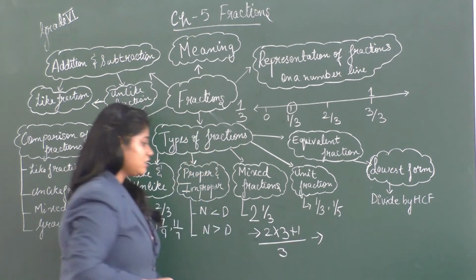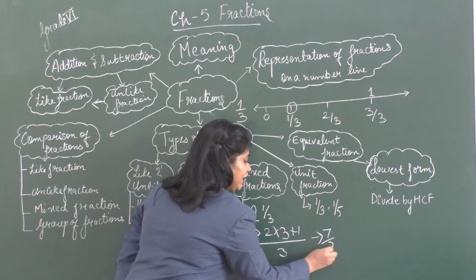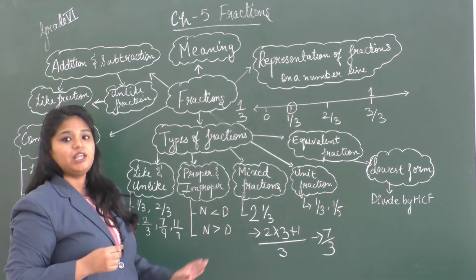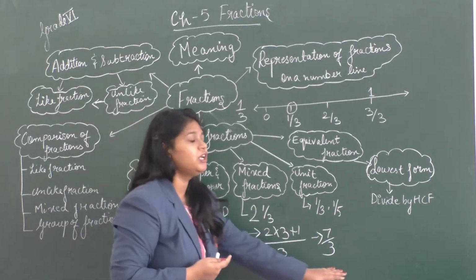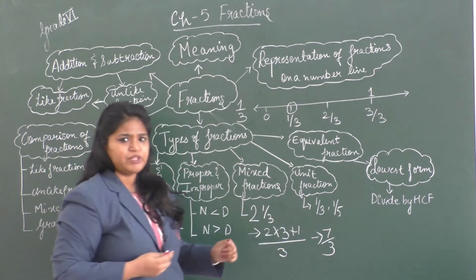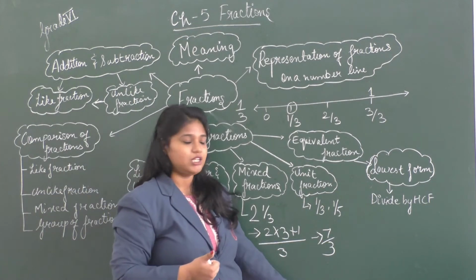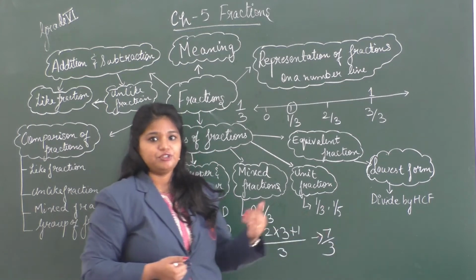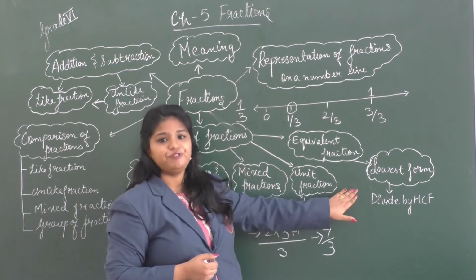So this becomes 2 3s are 6 plus 1, 7 divided by 3. So whenever you convert a mixed fraction, it is always converted into improper fraction. Now if we have to do the vice versa, we just perform normal division and convert an improper fraction into mixed fraction.